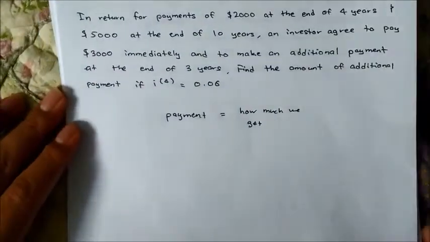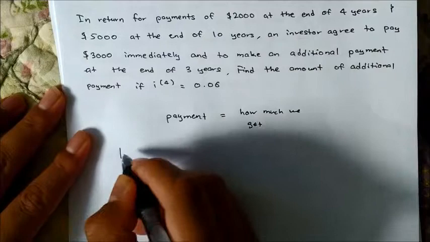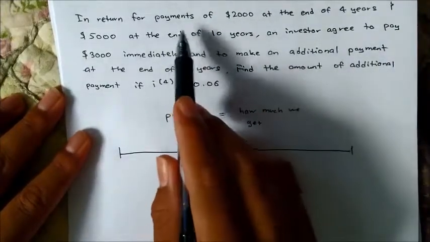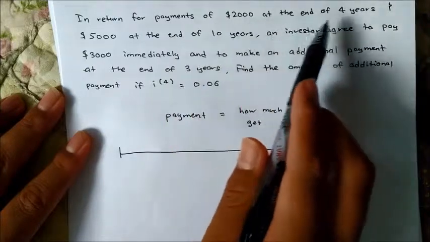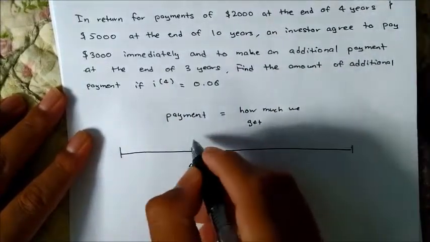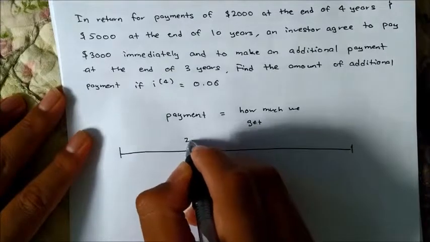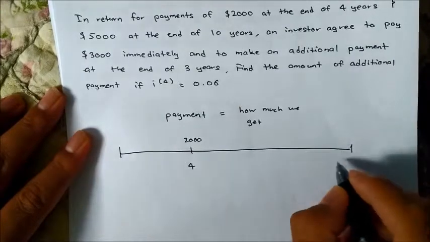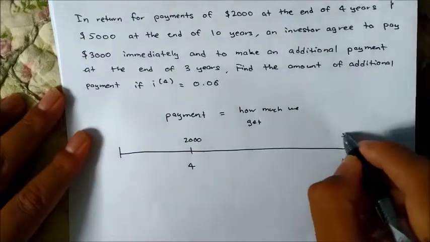So therefore, we need to create a timeline first to understand the situation. In return for payment of 2,000 at the end of 4 years, which means at 4 years the investor will get $2,000. At the end of 10 years, he will get $5,000.